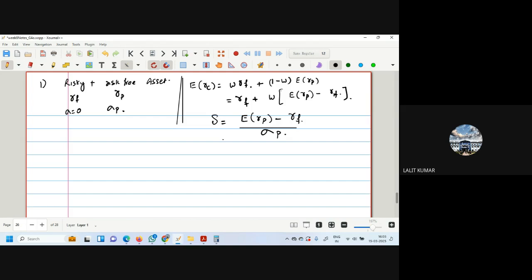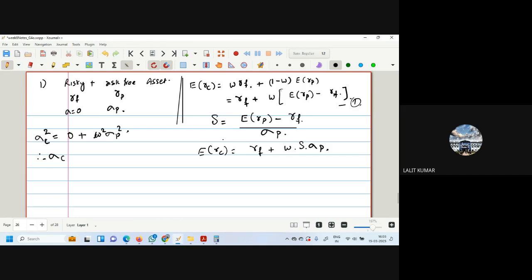You replace this in 1. So your 1 will become ERC is equal to RF plus W into S into sigma P. Now, if you calculate sigma here, it will become sigma of the entire portfolio, which I'm denoting by C. This will become 0 square plus W square sigma P square.